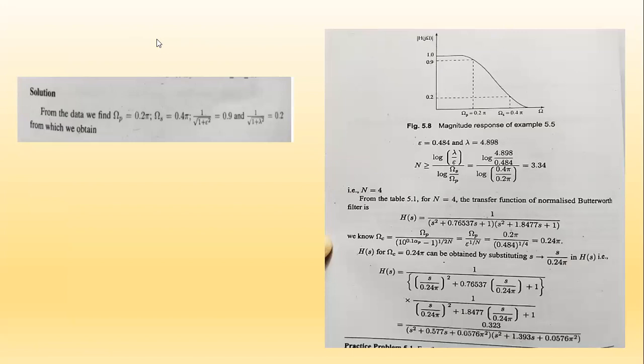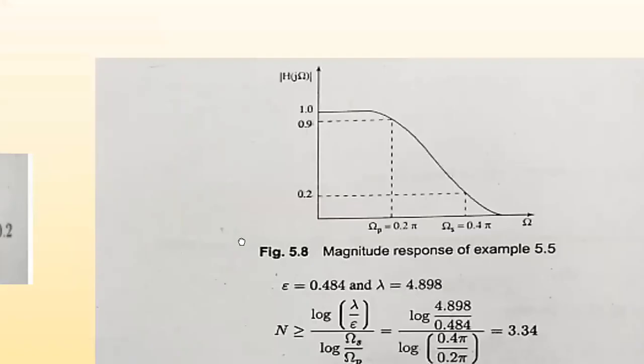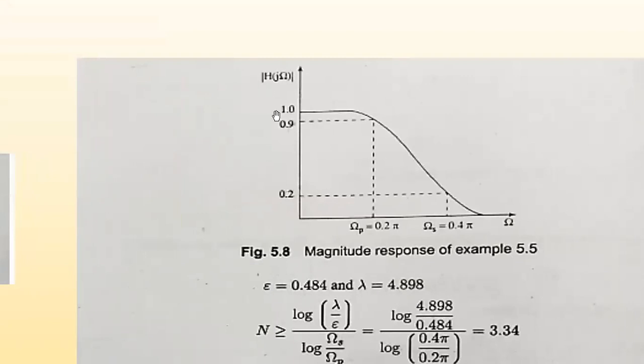This is the expectation, that everyone needs to understand these equations. When we are given 0.9, it corresponds to 0.2 pi. This is the passband. Now 0.2 is given for the stopband interval, at 0.4 pi. So it is a passband frequency and a stopband frequency.